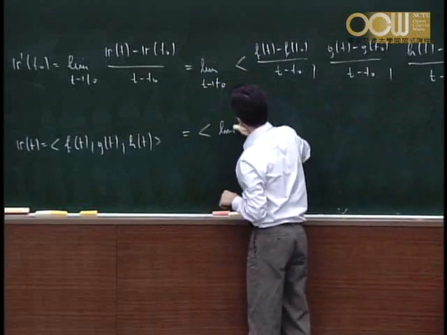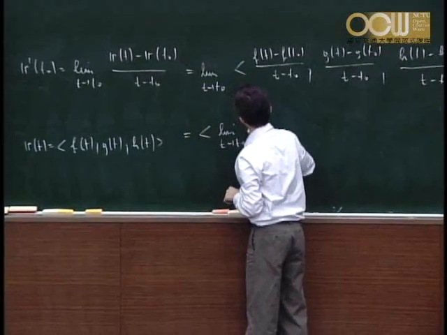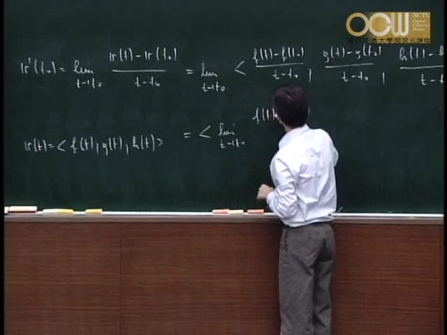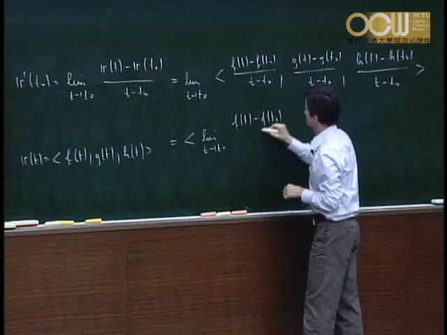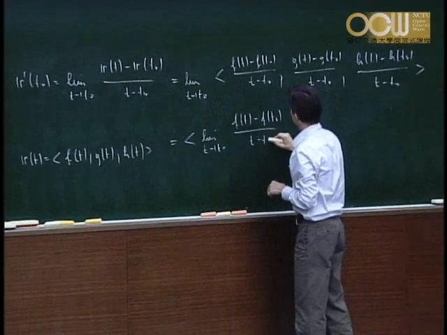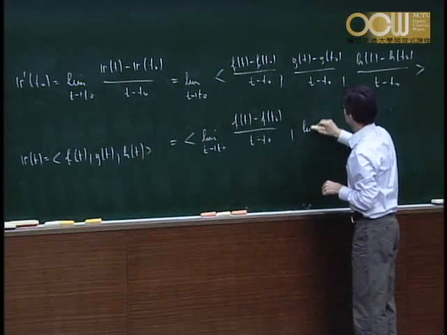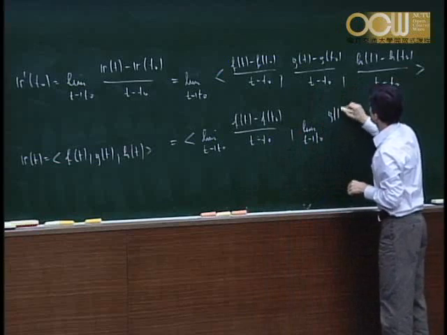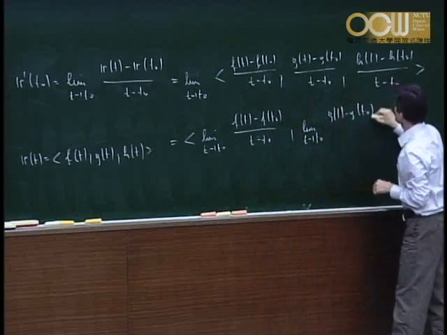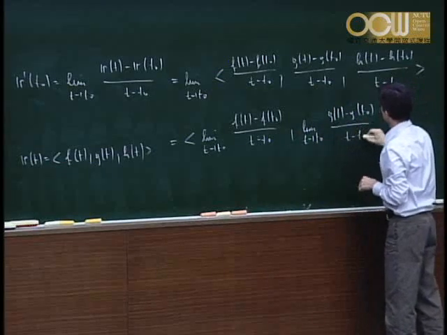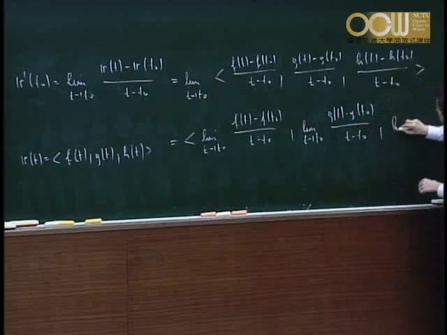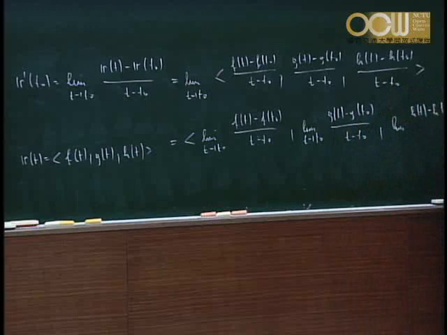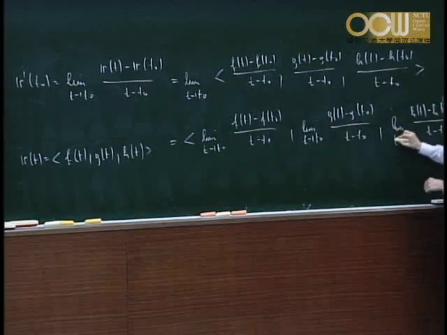So we have this limit, t tends to t0, of f of t minus f of t0 over t minus t0, the limit of g of t minus g of t0 over t minus t0, and the limit of h of t minus h of t0 over t minus t0.